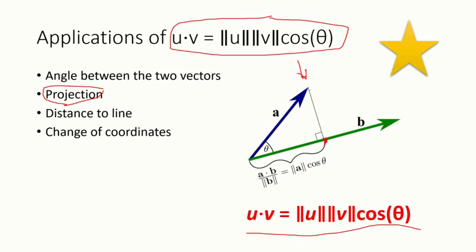So we want to know how long this shadow is. It's from this position to here. By definition, the length of this is the norm of A times cosine theta.